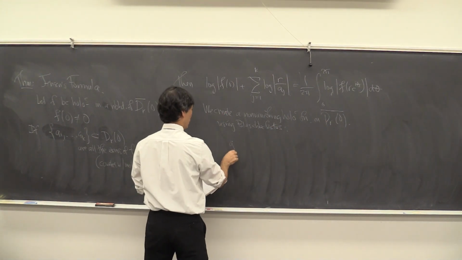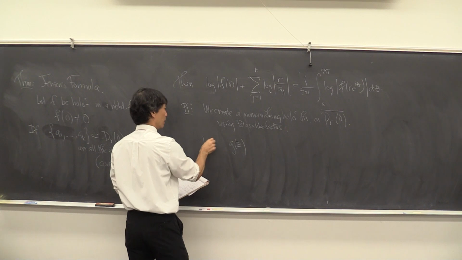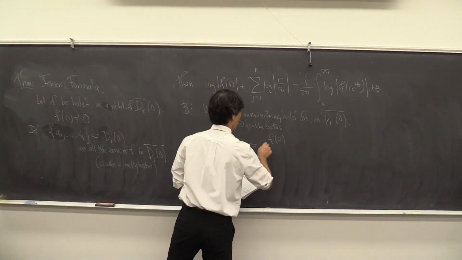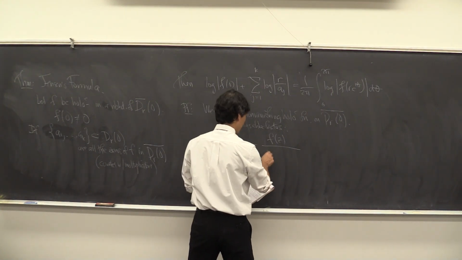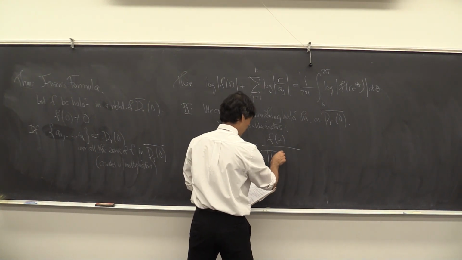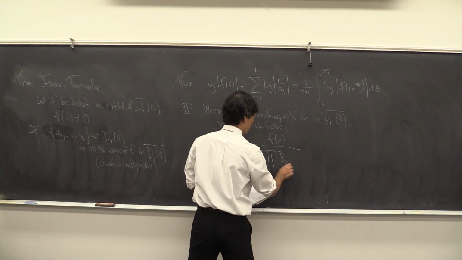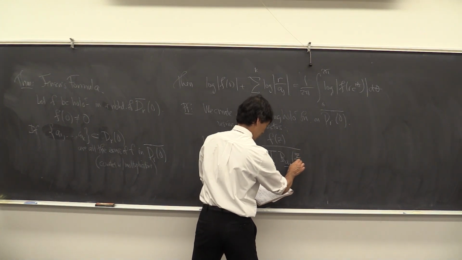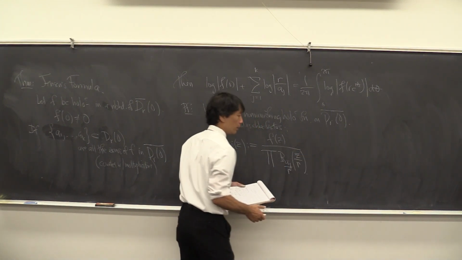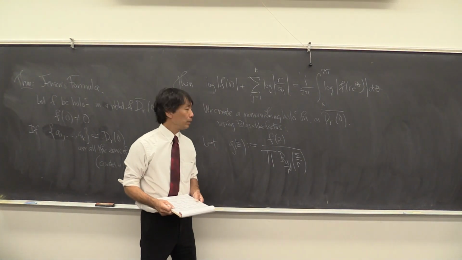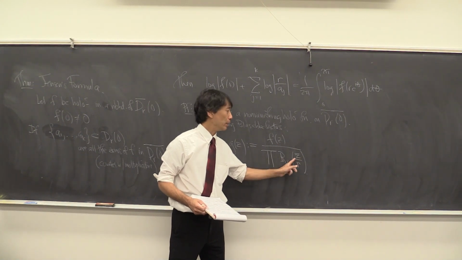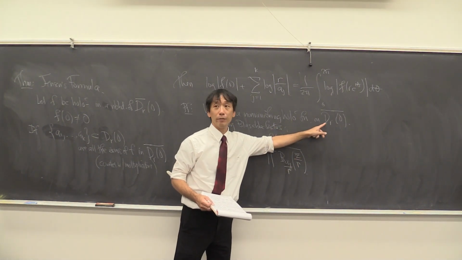Let g of z be the original function, but now divide by the product of the Blaschke factors scaled to the disk of radius r.